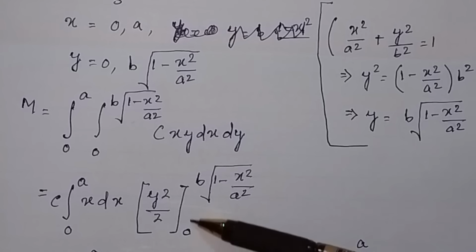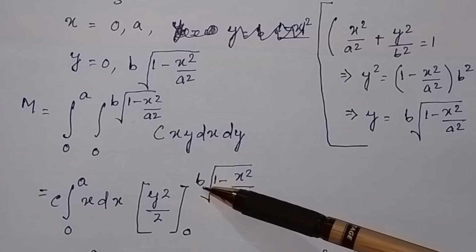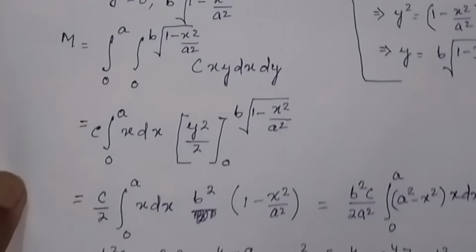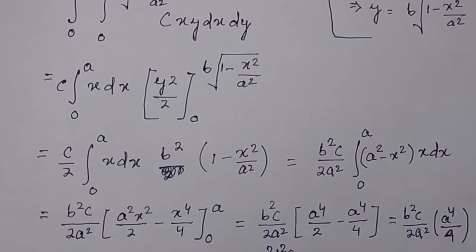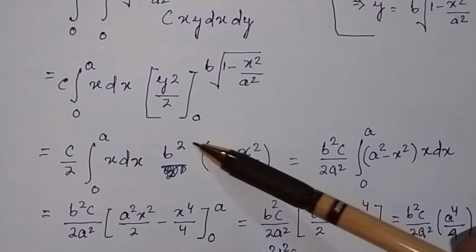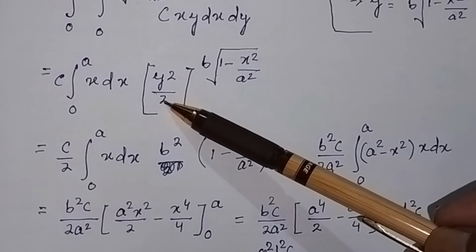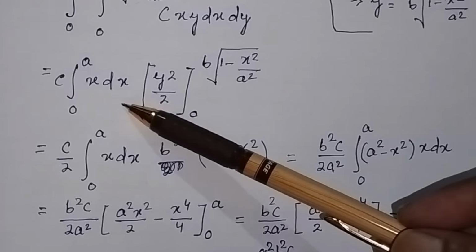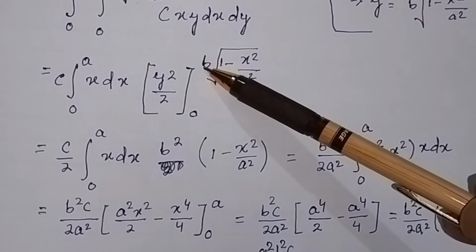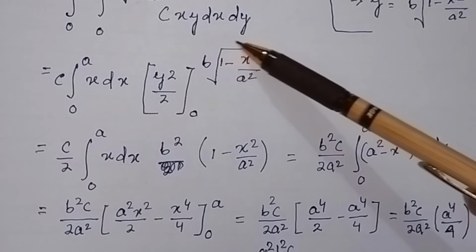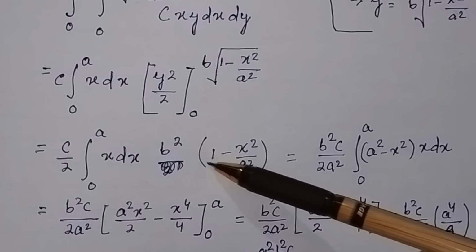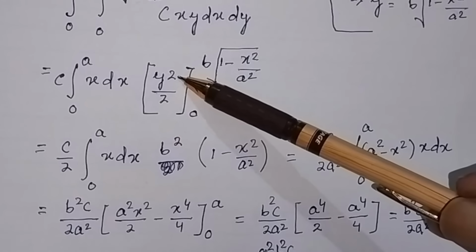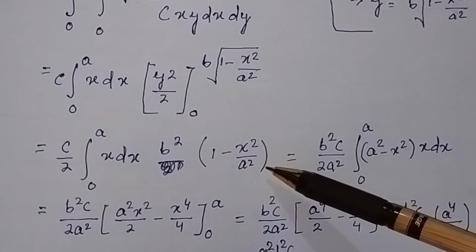If you put the limits of integration in place of y, then you take c by 2 outside, integration from 0 to a of x dx, and if you substitute y, then y square will be equal to b square into 1 minus x square by a square minus 0, because if you put the lower limit 0, that will be equal to 0.